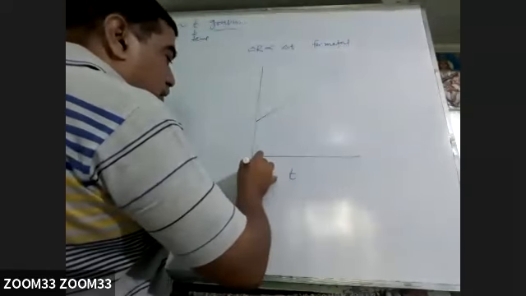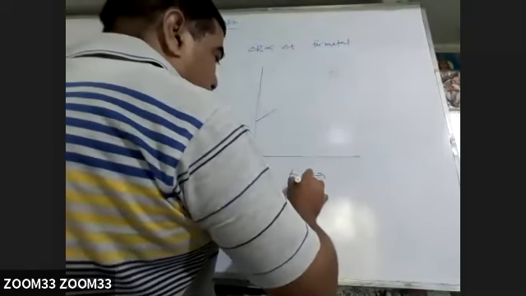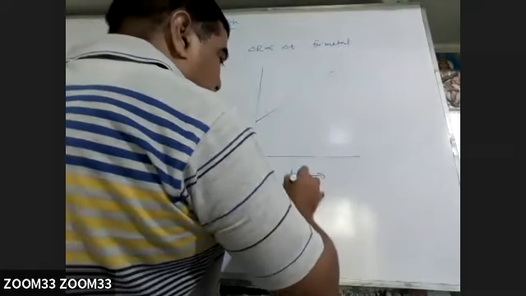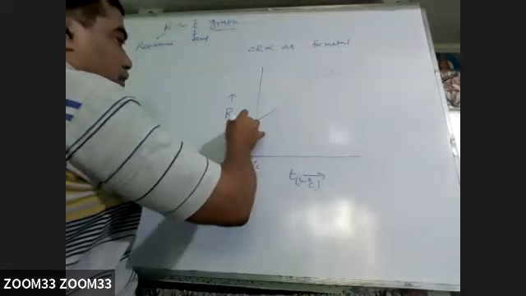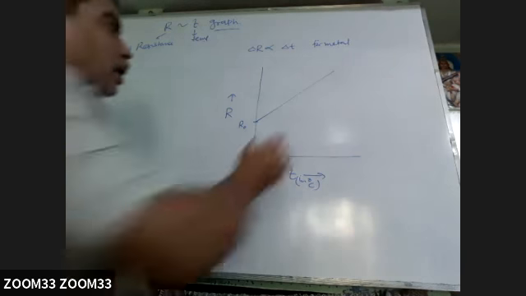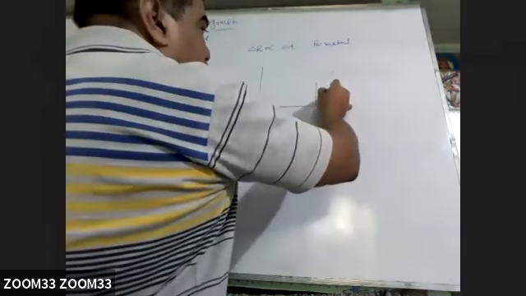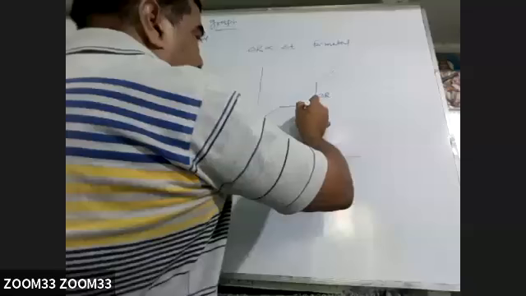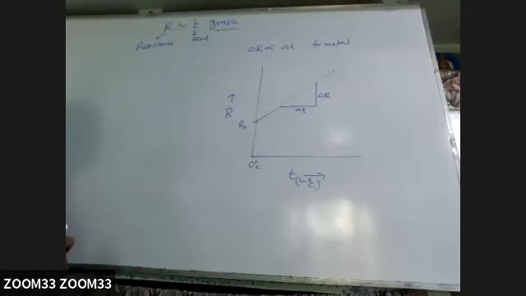This is at 0 degrees Celsius, maybe in degrees Celsius we are taking, and this is R. So this value will be R0. And the slope of this graph, what will it be?